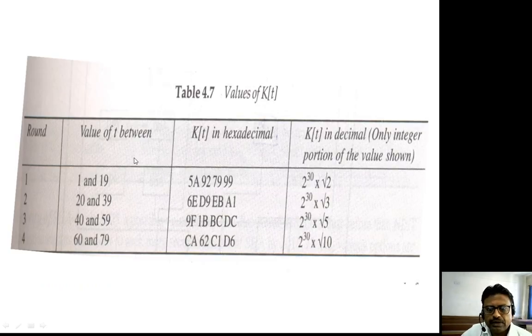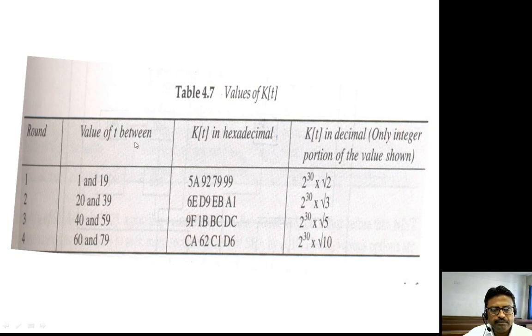Now, as far as the constants are concerned, in MD5 we had 64 constant values given by a particular table. But in SHA1, we have only 4 constant values.